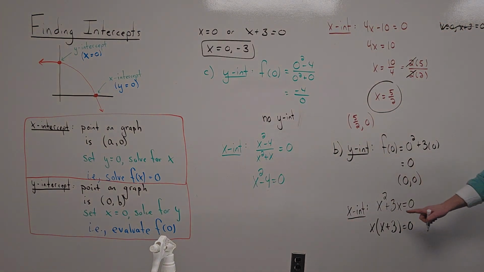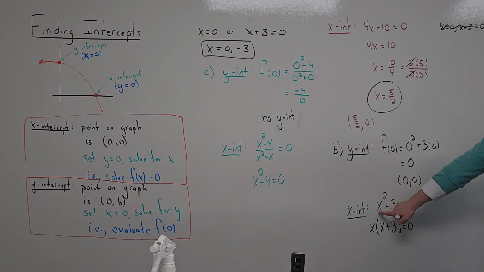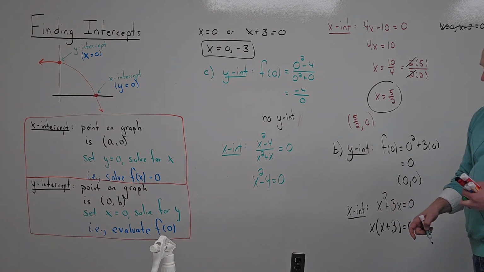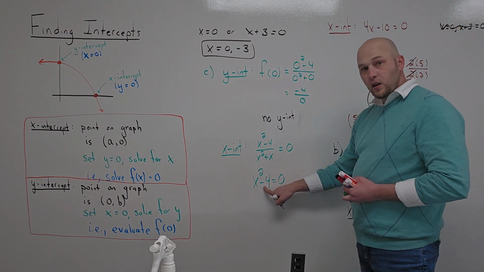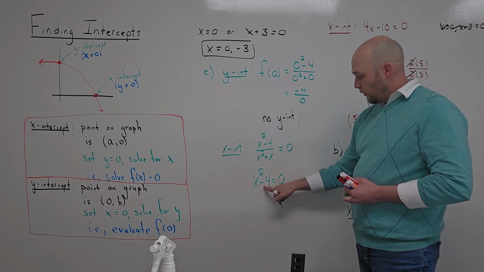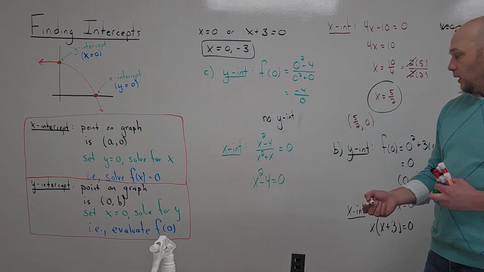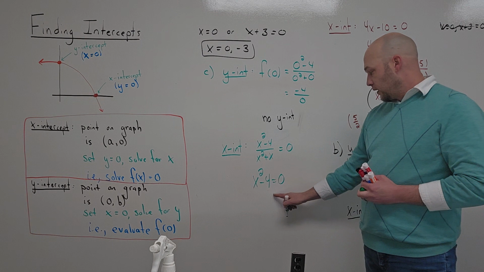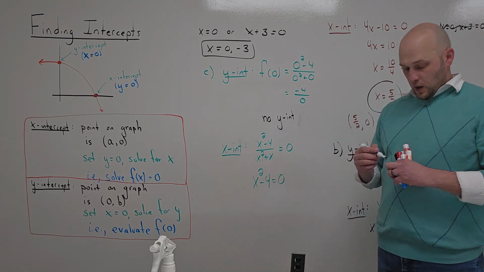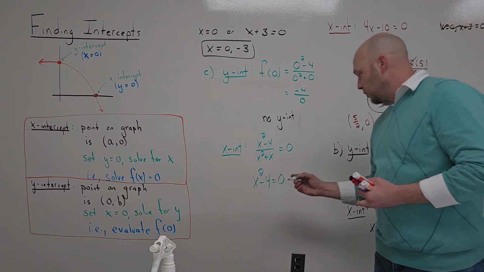The way we solved the quadratic equation over here is I factored out the common x. For this one right here, there's two different ways that we could solve it quickly. I could add the 4 to the other side and take the square root, but I want to factor it.